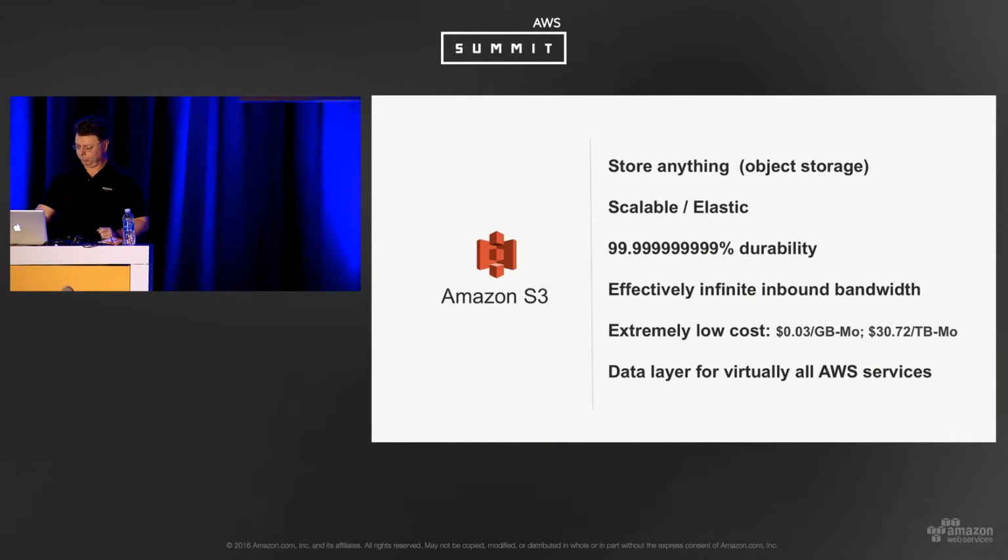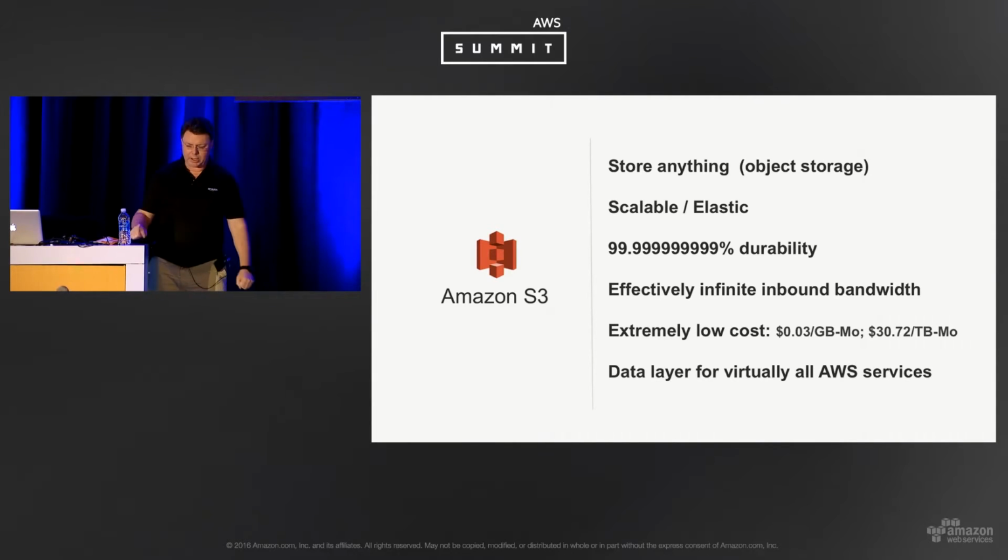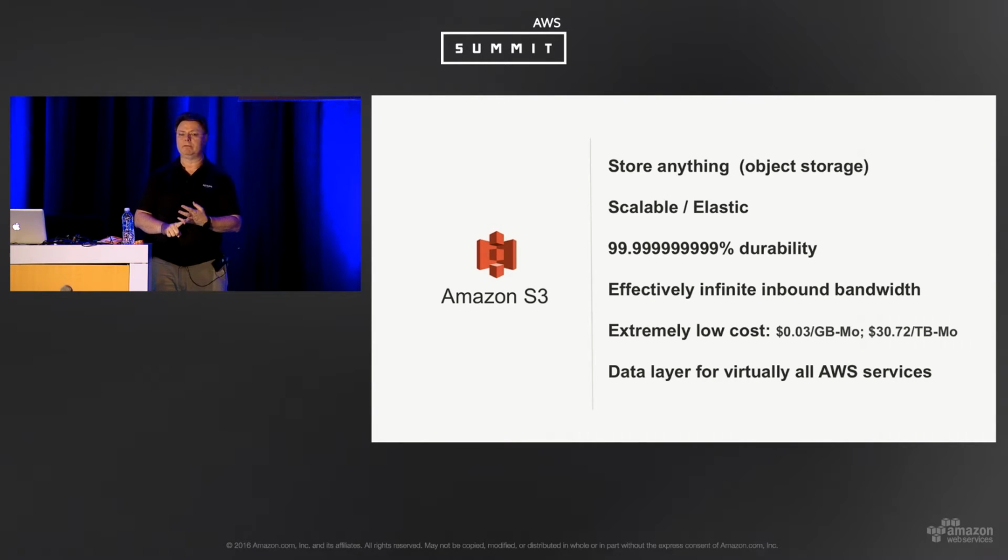So fairly straightforward. Let's talk about some of the components of this alternative to data warehouses. The key component really is Amazon S3. Amazon S3 is a massively parallel object store. It can store anything from a single byte text file to a 5 terabyte video file, so it's very diverse in what it can store.